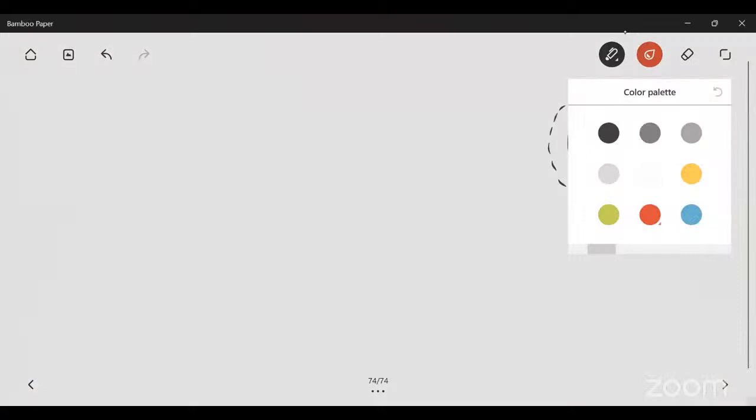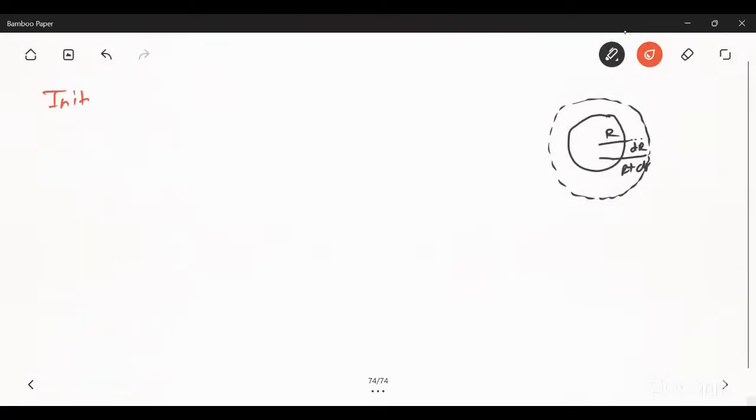Suppose that was the spherical drop with radius r. Due to excess pressure, its radius increases to r plus dr, so its surface area changes.